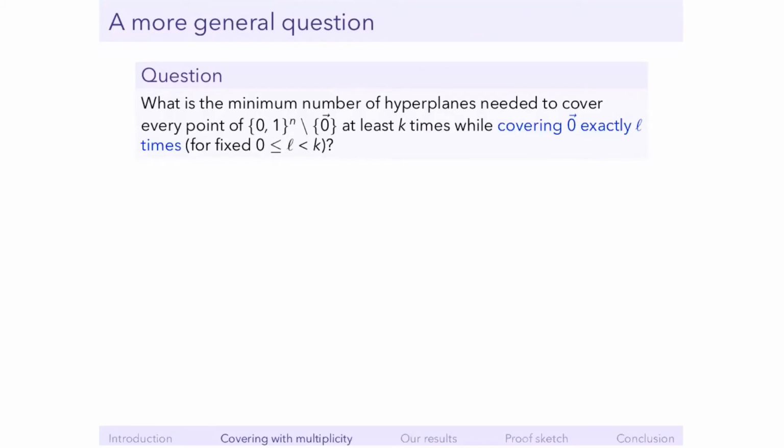But you could ask, what if I want to cover every vertex except for the origin 15 times while covering the origin only 10 times or whatever? So for L equals 0, this is exactly the same question.